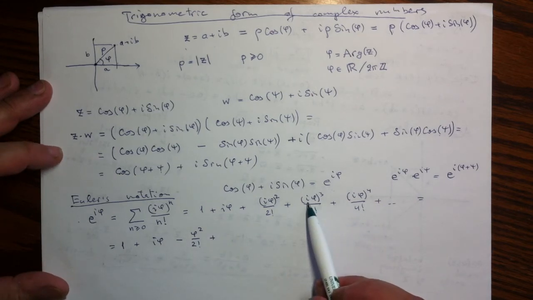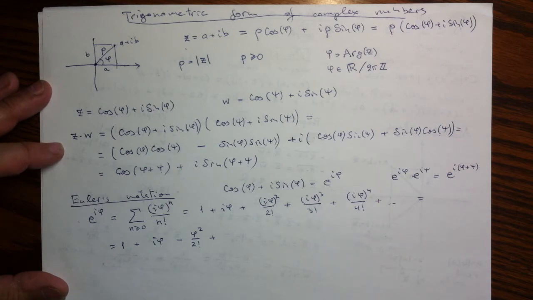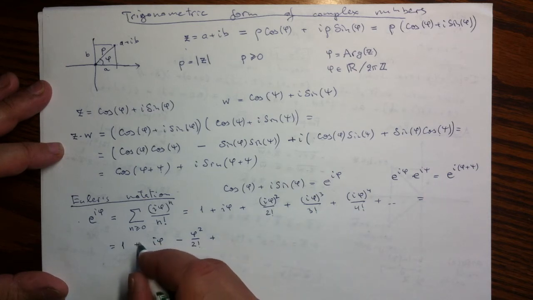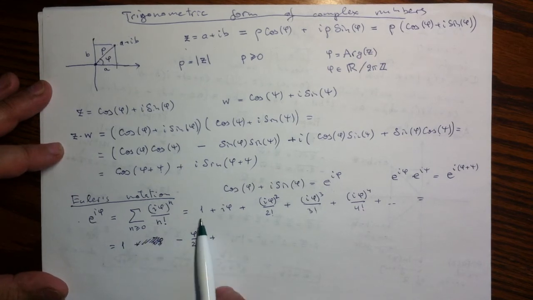Then I have the cube of i, and maybe I should just look at only the even powers first. I will save this till later and cross it out.